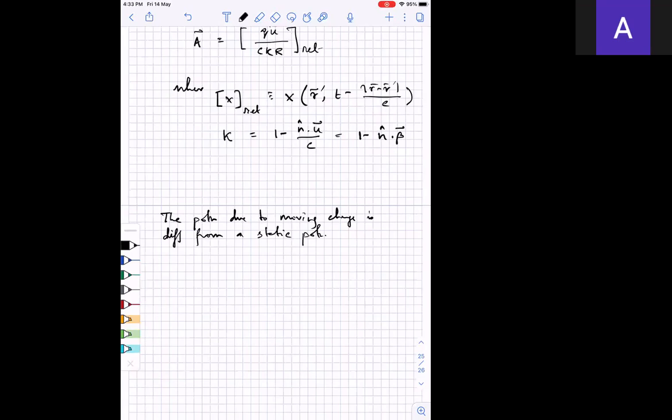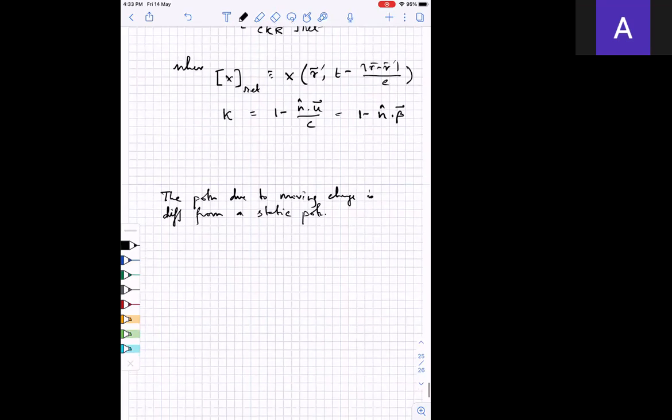And this difference can be attributed to two things. The first is this kappa. So look at this kappa. One is basically the factor kappa.